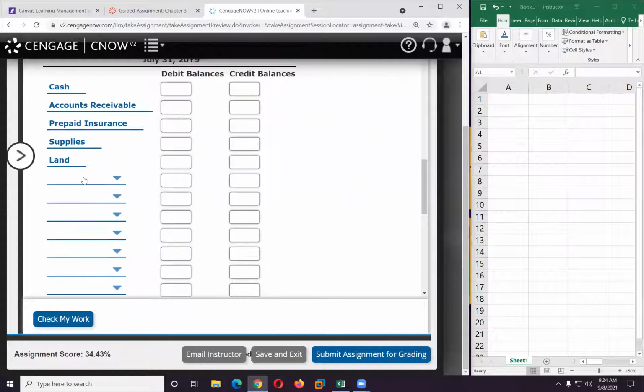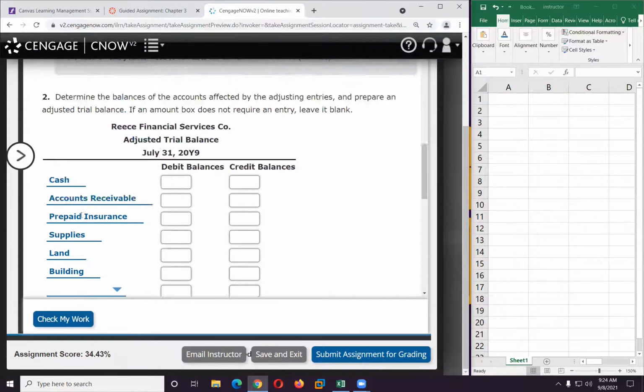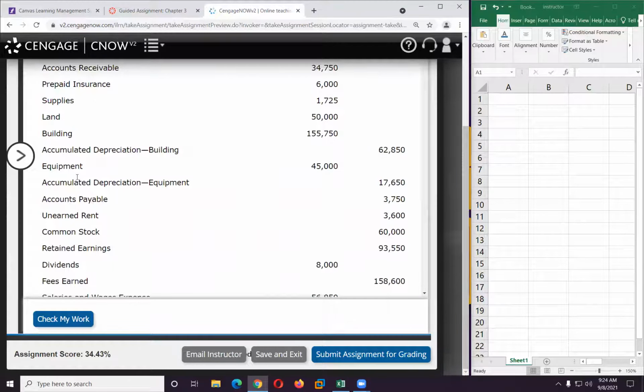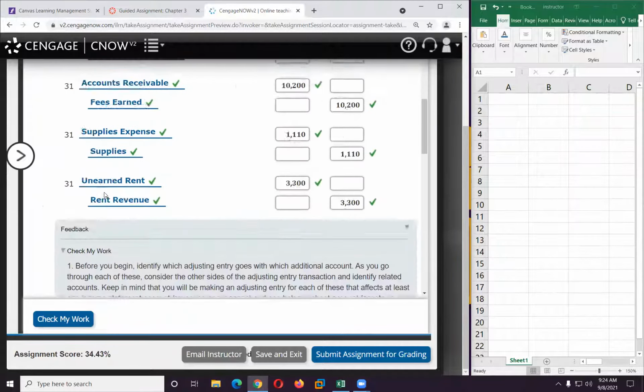So all I'm doing is bringing the same account names down from the unadjusted trial balance onto the adjusted trial balance. Why? Because it's going to have all the same accounts plus any we added during the adjustment process. Accumulated depreciation on the building, equipment, accumulated depreciation on the equipment.